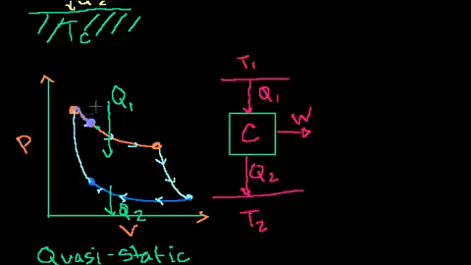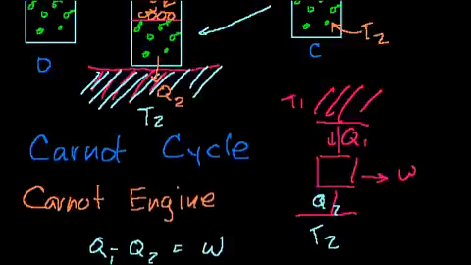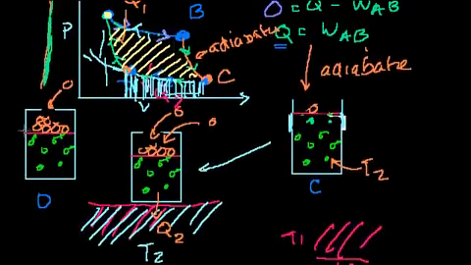Now, what has to be ideal about the system in order for that to be true? Well, it means that the actual movement of our piston, of this movable ceiling, shouldn't have any friction. Because if some of the heat is lost to friction, then when we go back, we would have lost some of our heat. Some heat would have been destroyed just going from one state forward and back.